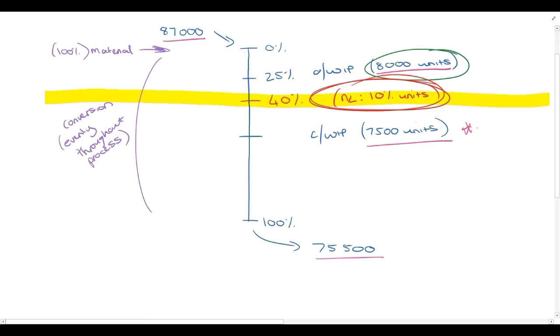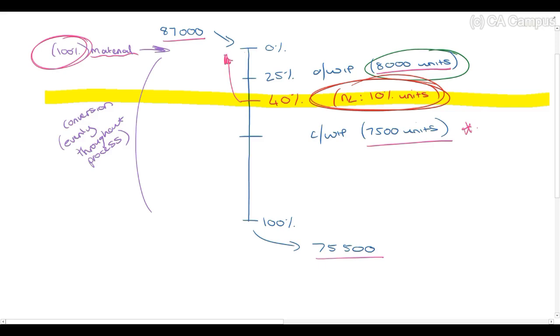So what goes through the loss point? For material, everything is going to go through the loss point, because 100% of my material is added before this point in my production process.